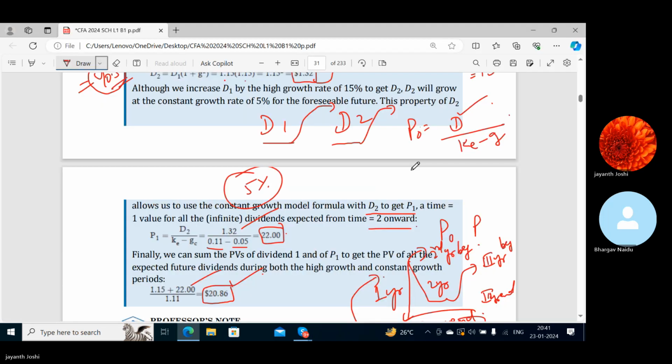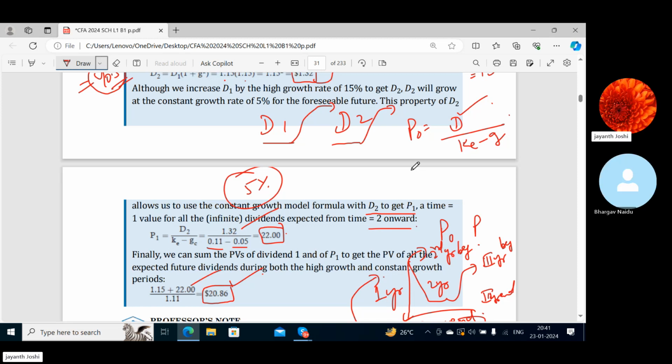Okay. Sir, I have a doubt. Tell me. Sir, why are we not calculating P naught first? That is today's price. P1 is the price of the stock at the end of the first year. Yes. But don't we need P naught?